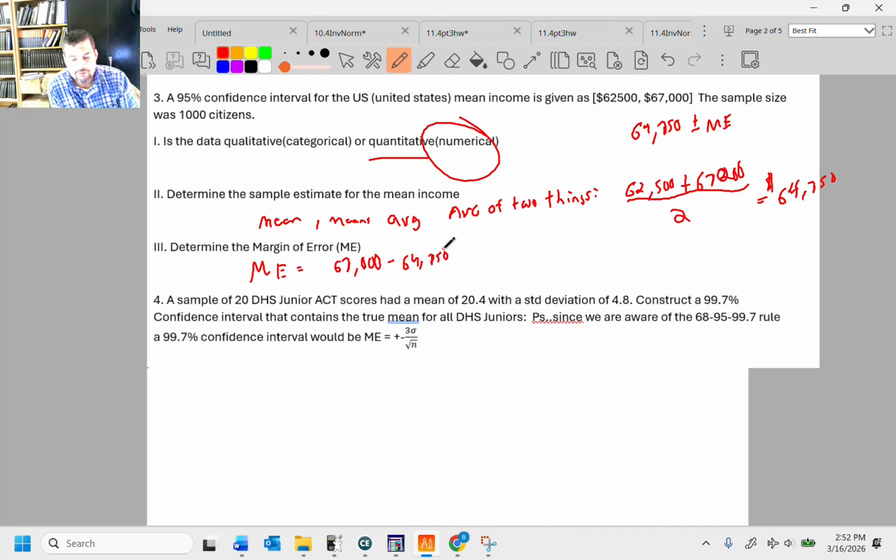And that's going to give me what, 2,250? Seems legit. And then I need the plus or the minus symbol because I added it to this number and I took it away to form that confidence interval.